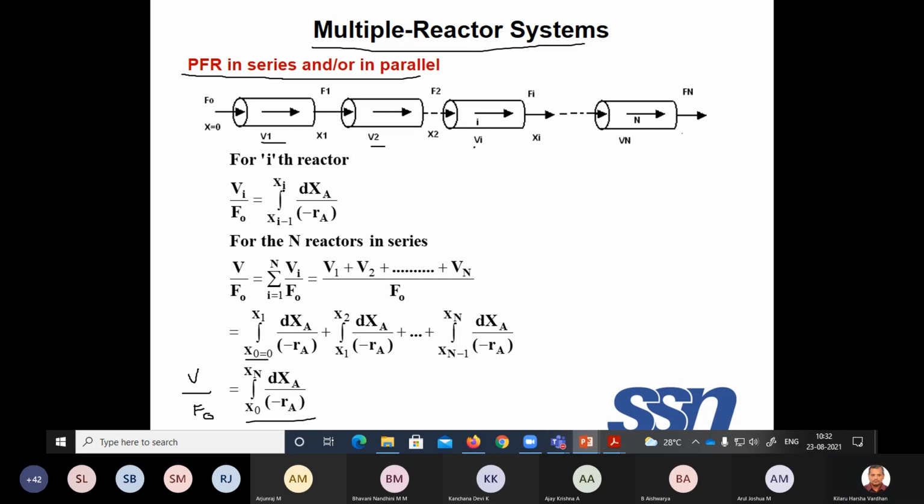Instead of single small reactors in series, you can calculate the performance here. The performance is the same as if you replace these reactors by one big PFR having a volume of V, it will give you the same conversion. You add all this, you calculate this, it is going to be the same.